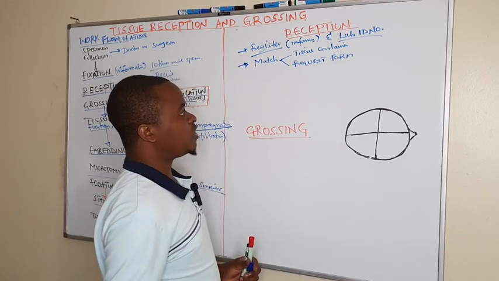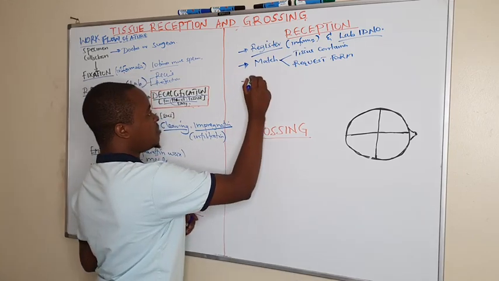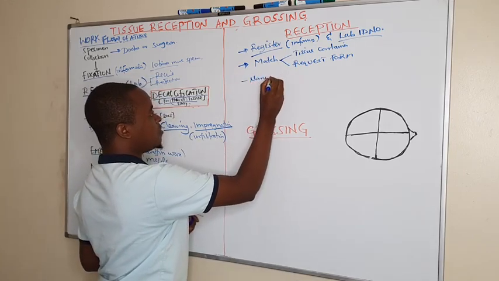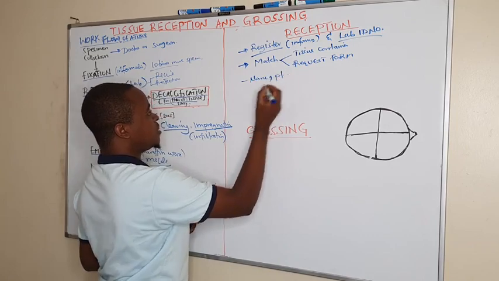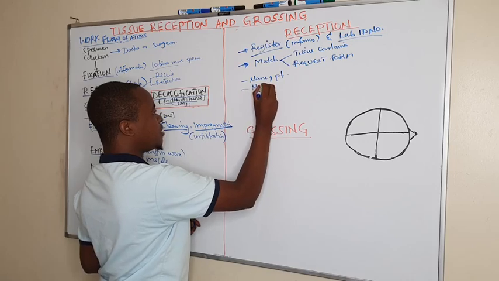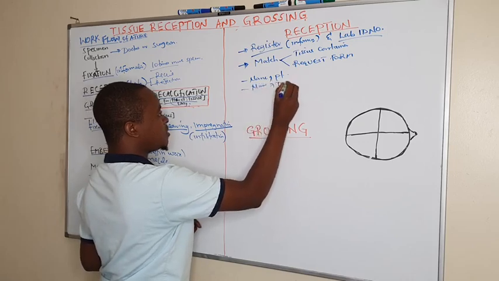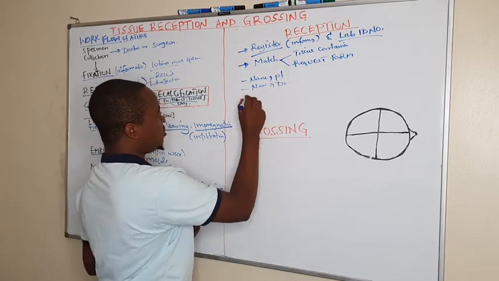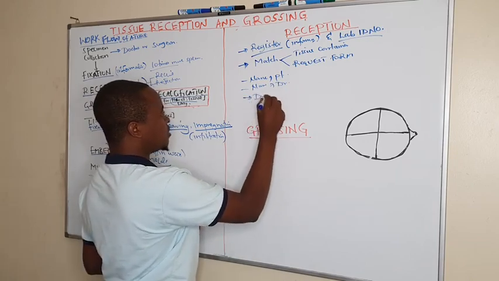What information are we looking at? We are looking at the name of the patient. We look at the name of the doctor who has requested. We look at the description.